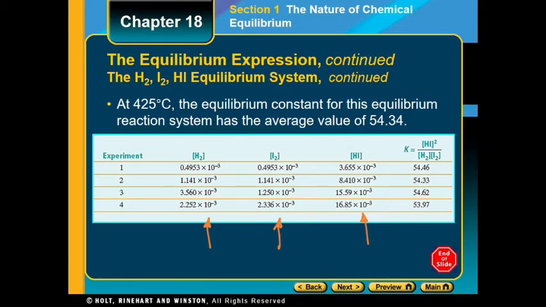And it has actually put these values for the 4 different experiments into our equilibrium constant expression, and look, you get essentially a constant value for any of those 4 experiments, as your reactants' concentration is changing and your HI concentration is changing.